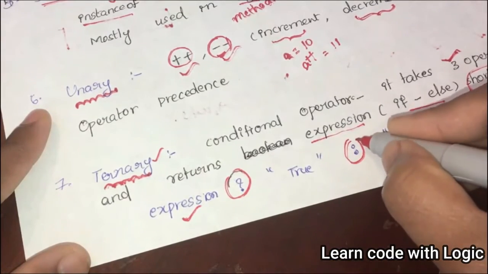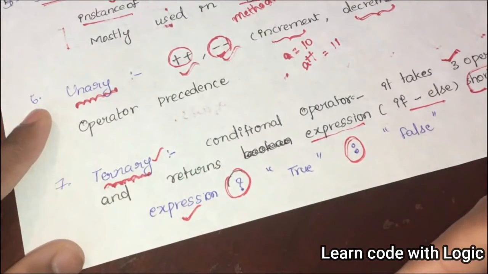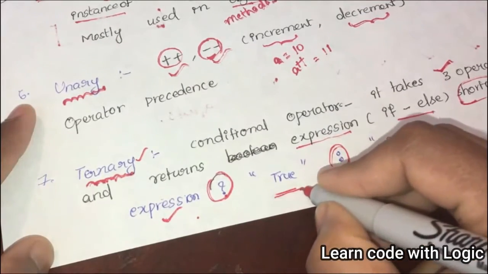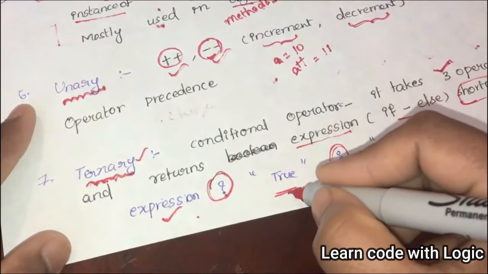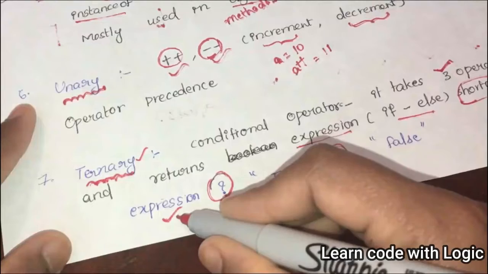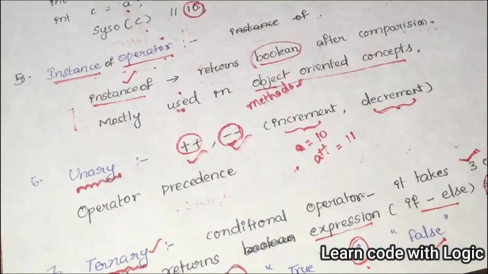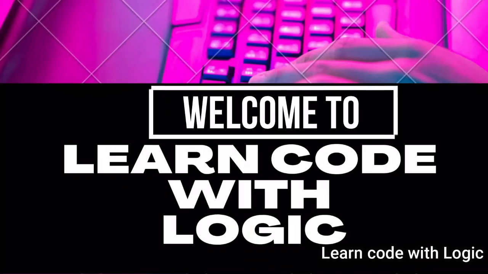This one and this one are ternary operators. If the expression is true, then it prints the true value, whatever is there in the expression. If the expression is false, it prints this value. This one is just a brief review of operators in Java. In my next tutorial, we will see each one by one with some coding examples.